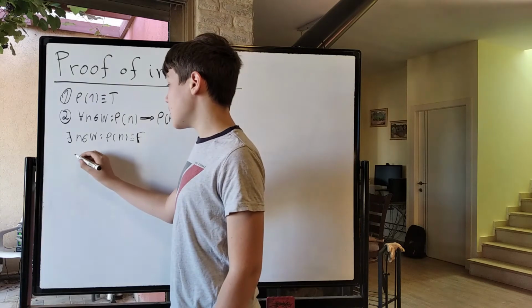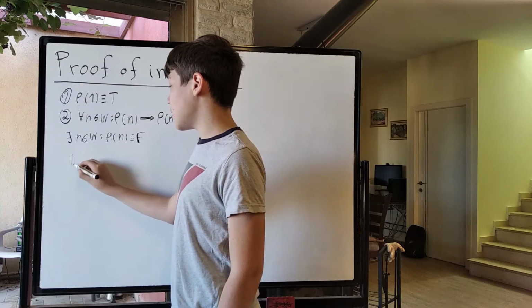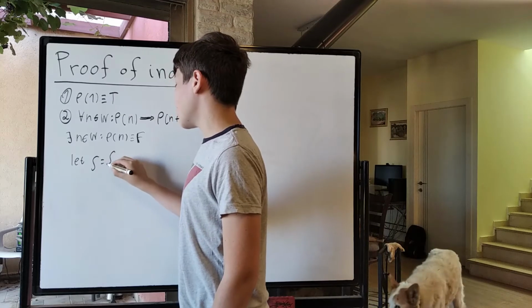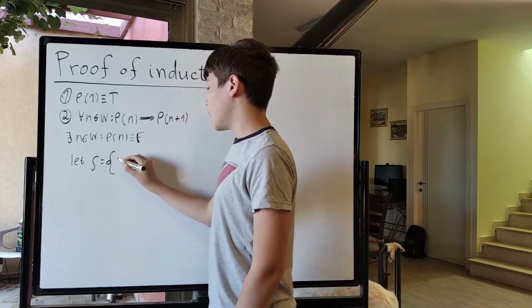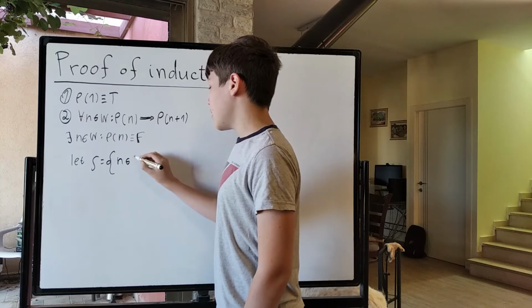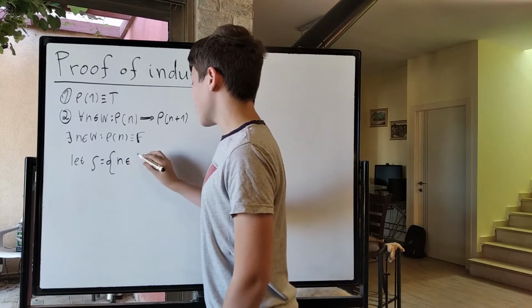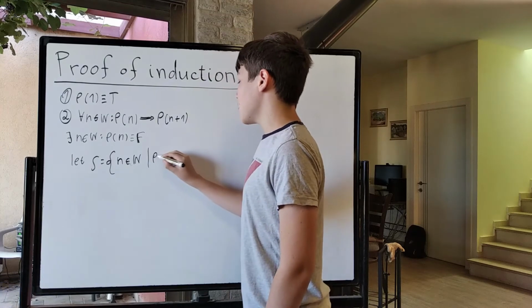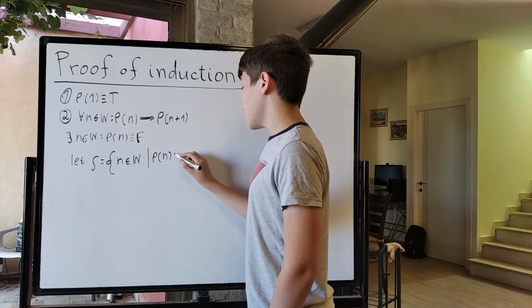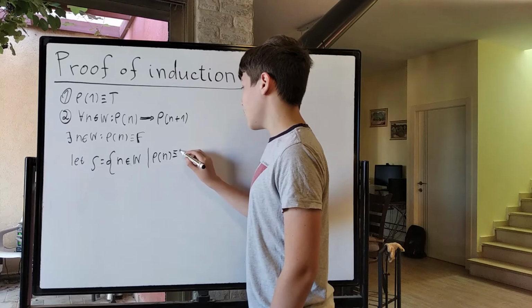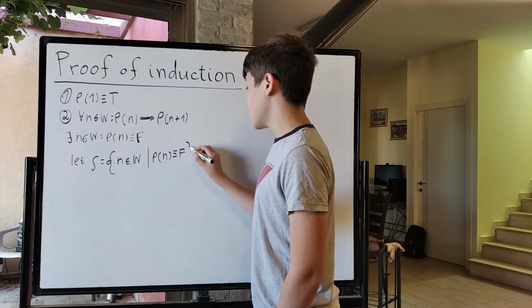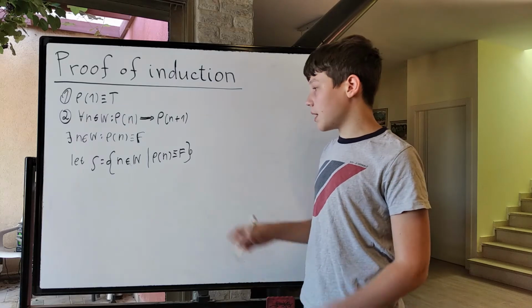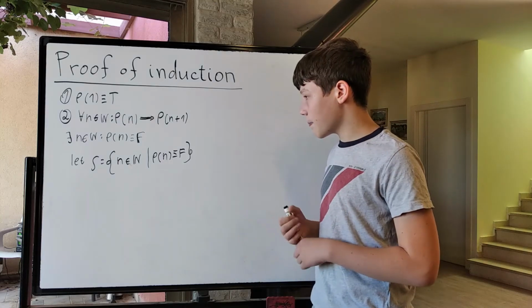So let's define S equal to the set of n of all natural numbers such that P of n is false.